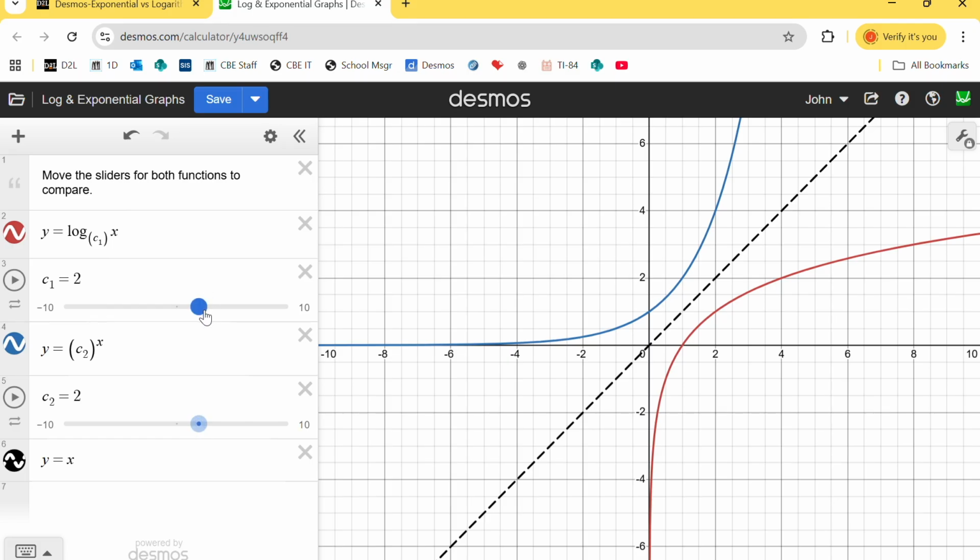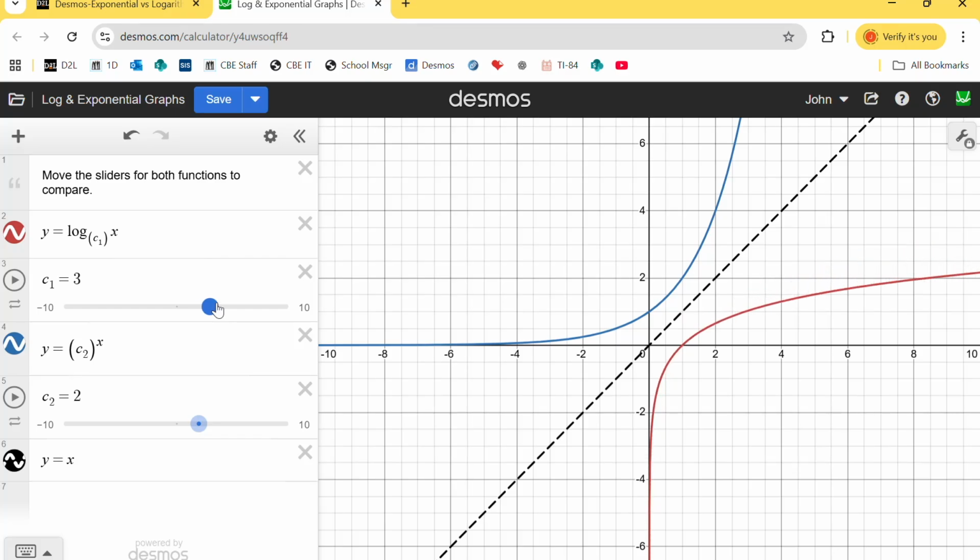What happens? So if the exponential function gets steeper when I increase the base, what should happen to the logarithmic function when I increase the base? It should get not steeper, but it doesn't rise up, it lowers down, right?